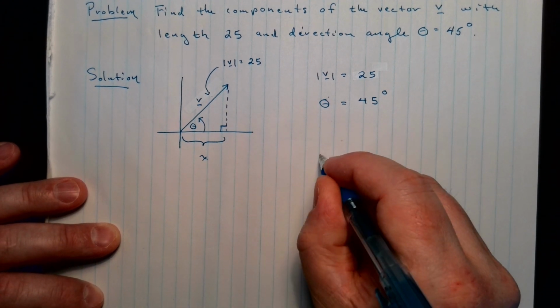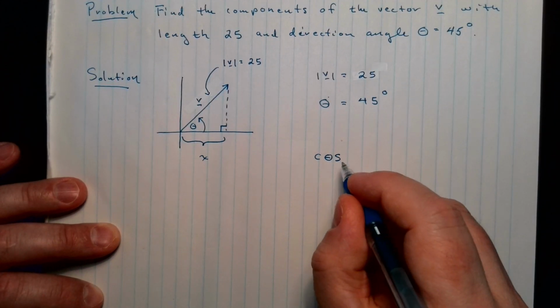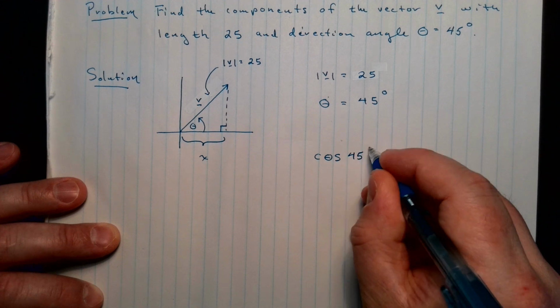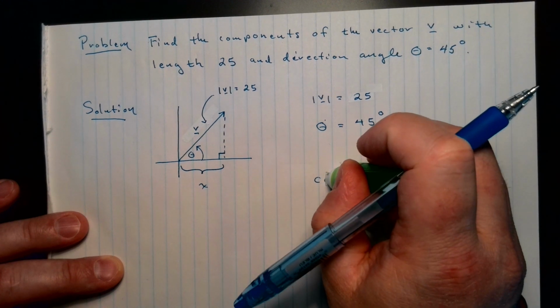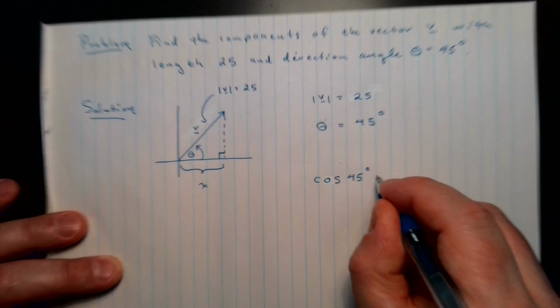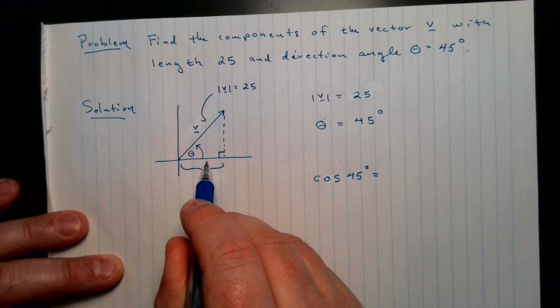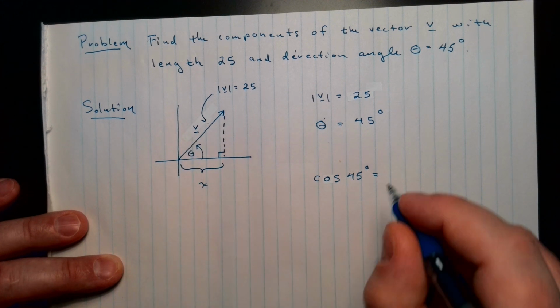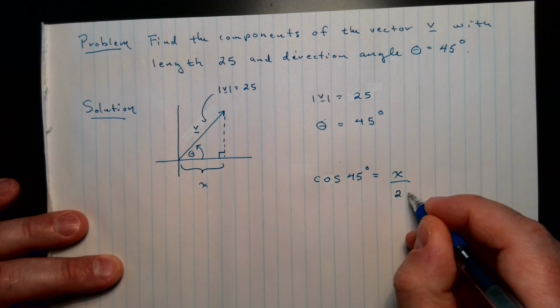So the cosine of 45 degrees is just the adjacent side divided by the hypotenuse. So my adjacent side has length x, and my hypotenuse has length 25.